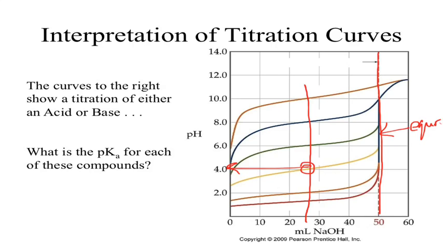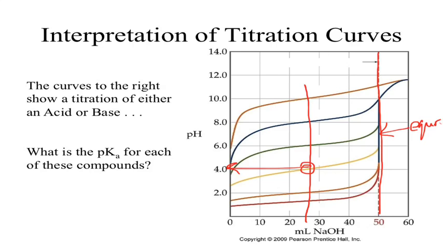The pKa of our yellow line is 4. We now have information about that acid without having to do any calculations. Okay? So that interpretation becomes really, really helpful for analyzing these. You end up doing that in lab, determining that half equivalence point.